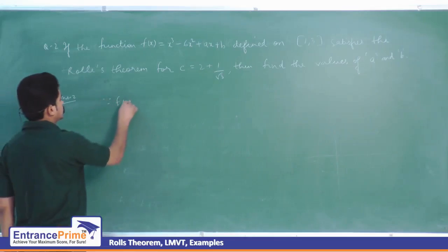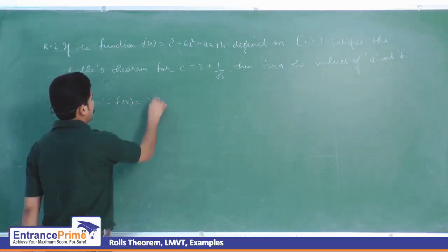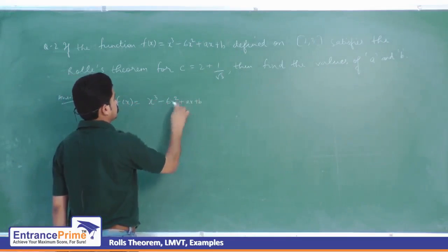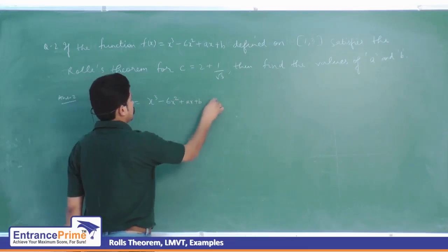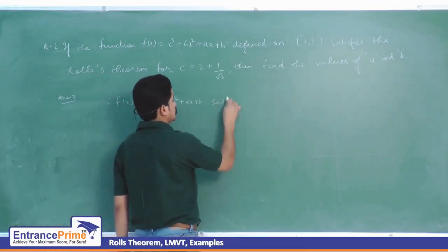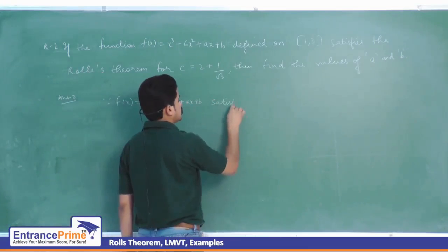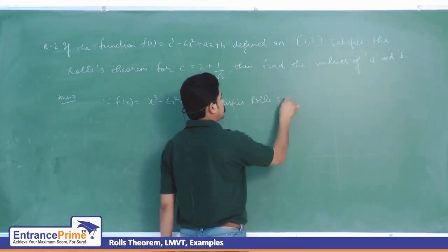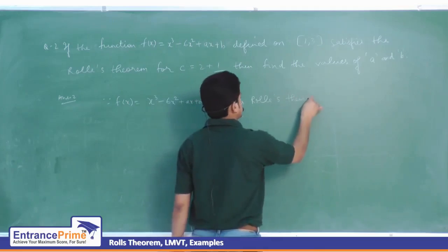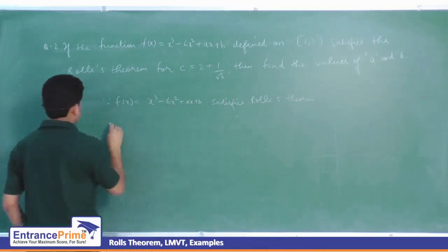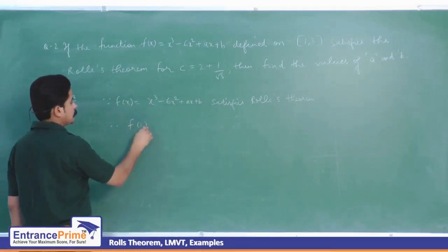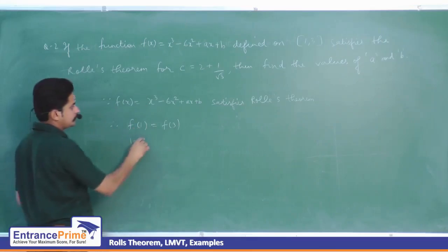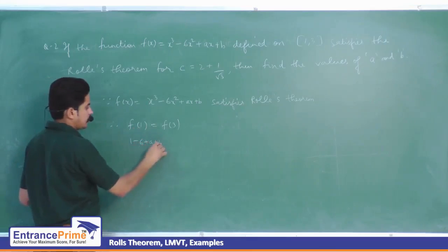So f(x) is this polynomial and it satisfies Rolle's theorem. So therefore f(1) must be equal to f(3). The value of f(1), put x equal to 1, is equal to f(3).